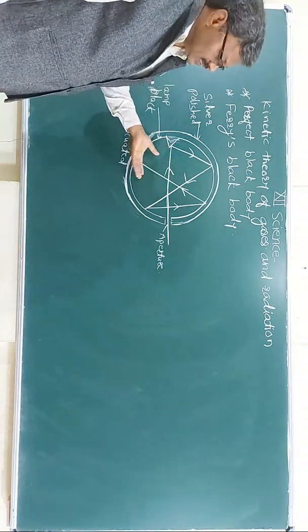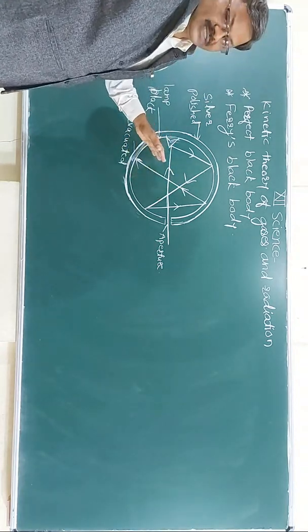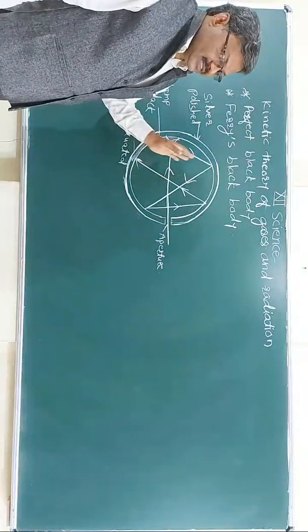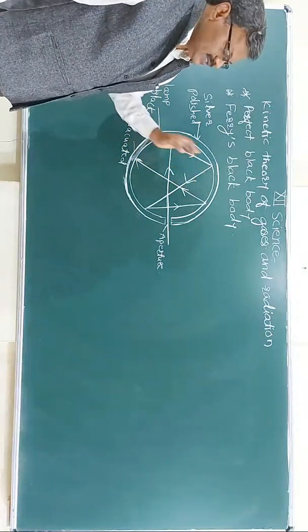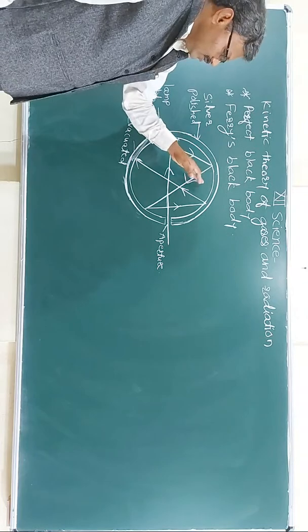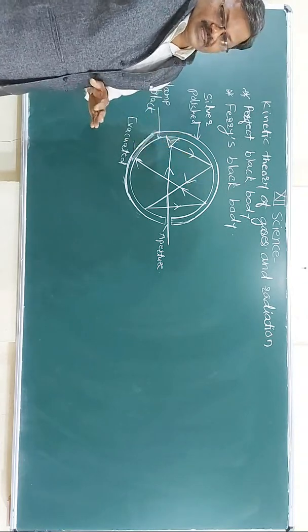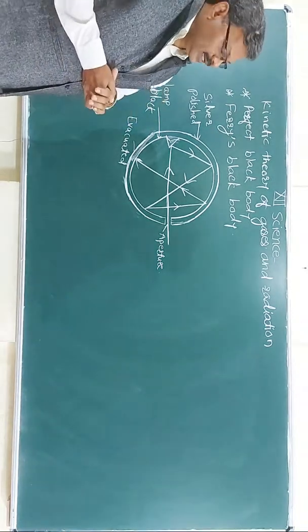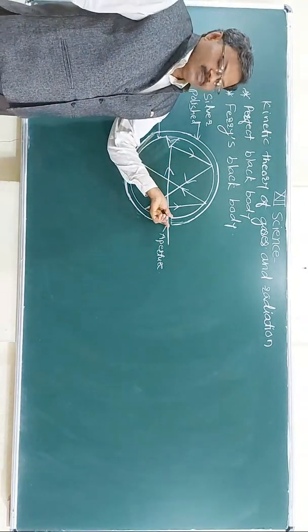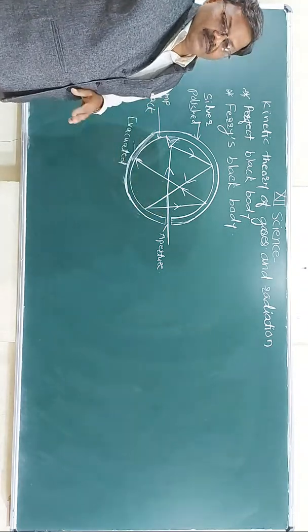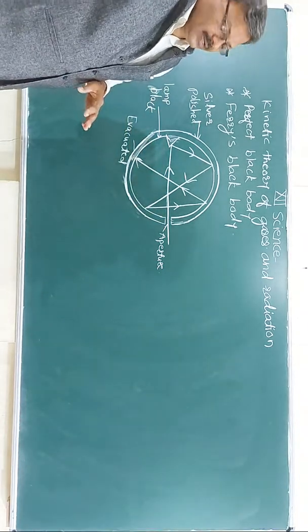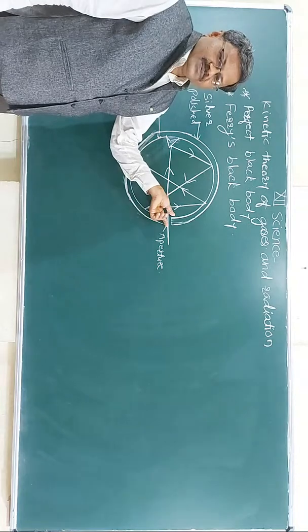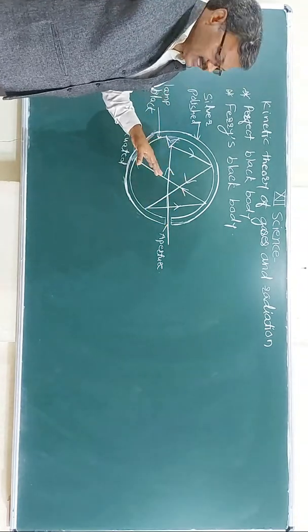Therefore the total energy is absorbed inside this sphere. Using this Ferry's black body, we can absorb the total energy. The effective area of the small aperture acts as the perfect black body.